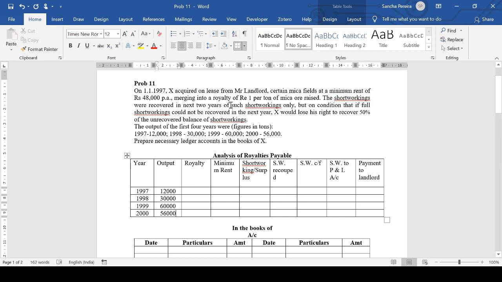The royalty is rupee 1 per ton. So if it's 1 into all this, it will be the same amount. Here it is in tons, here it is in rupees. Why is it the same? Because it's multiplied by 1. And the minimum rent is 48,000 every year.